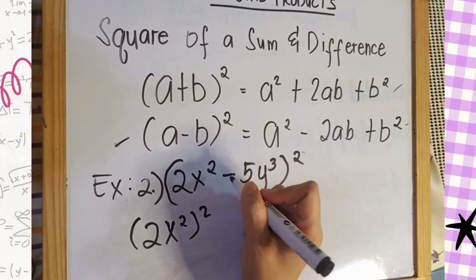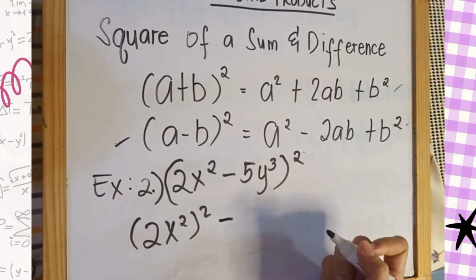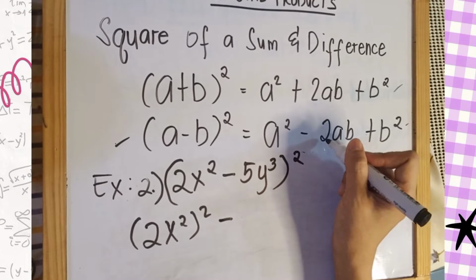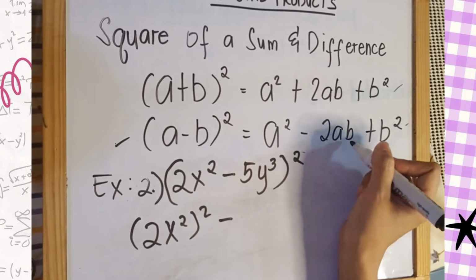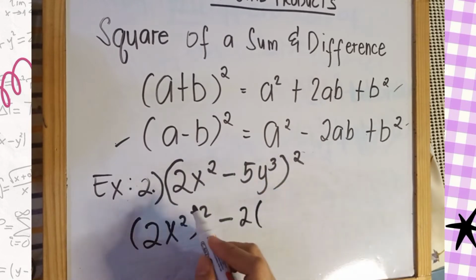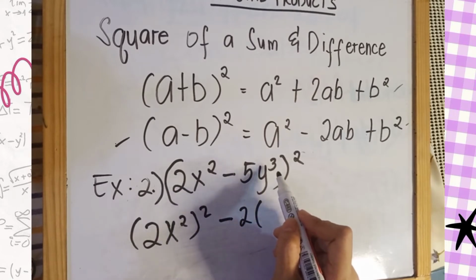What is our sign? Since this is negative, our second term will be negative as well. And our second term is twice the product of the first and last term. So that will become 2 times, what is the product of the first and last term? So, 2x squared times 5y cubed.